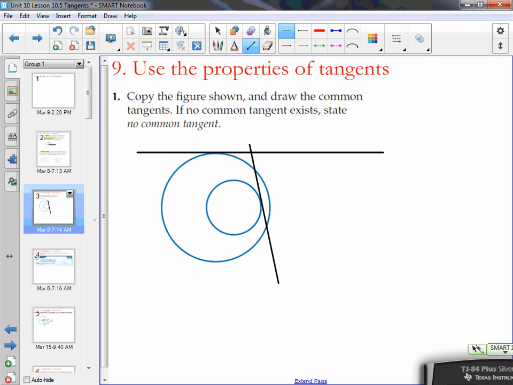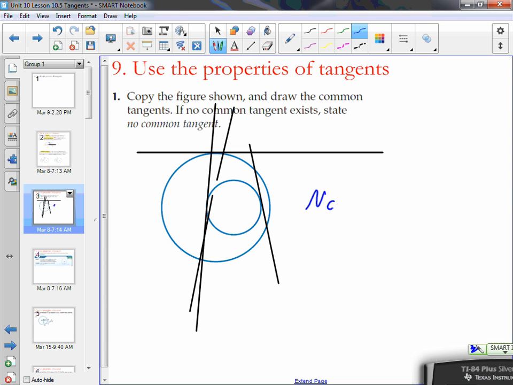I draw one tangent to the big circle, it misses the little circle completely. Oops, I didn't mean for that to come in two. Am I ever going to be able to do this? No. No common tangent. All right, not so bad.